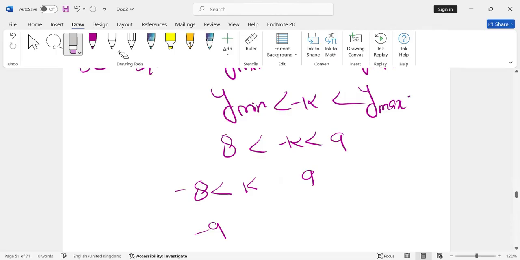When we write it in order, we have minus 9 less than k, and this is less than minus 8. The three positive roots condition suggests a deeper analysis might be needed. So this is the correct range, between minus 9 and minus 8. This is the required answer for this question.